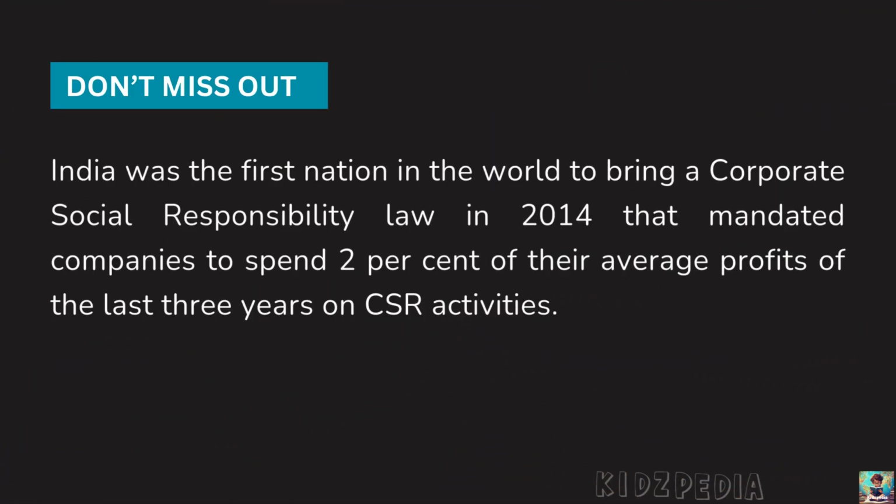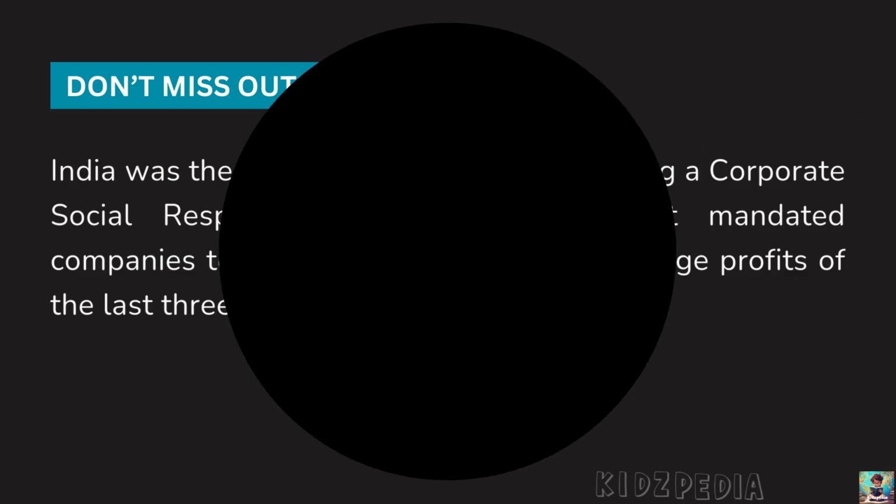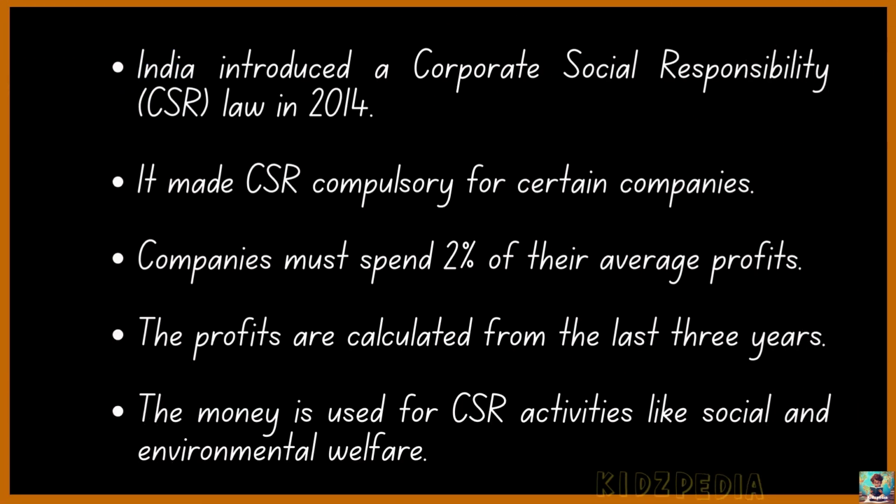Don't miss out. India was the first nation in the world to bring a corporate social responsibility law in 2014 that mandated companies to spend 2% of their average profits of the last 3 years on CSR activities. So, India became the first country in the world to introduce a law that made corporate social responsibility compulsory in 2014.